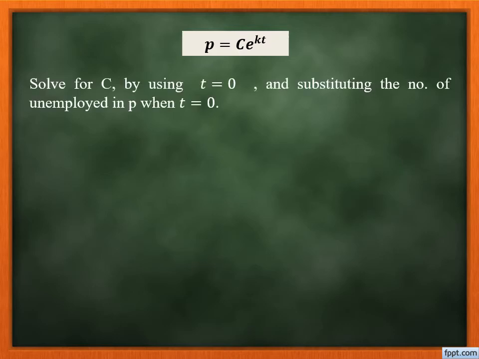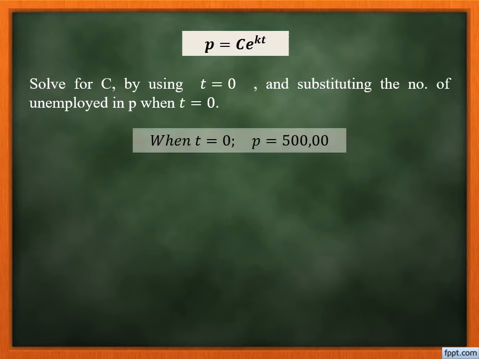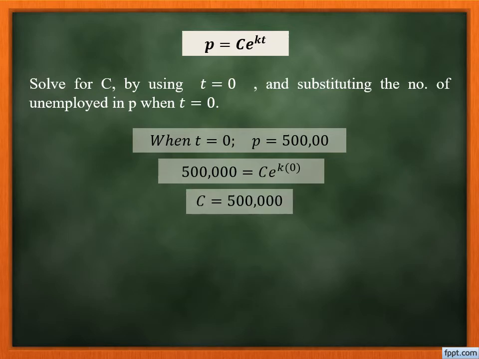We can first solve for C by using the initial condition when t is equal to 0, the population is equal to 500,000. Substituting that to the formula, our C is equal to 500,000.